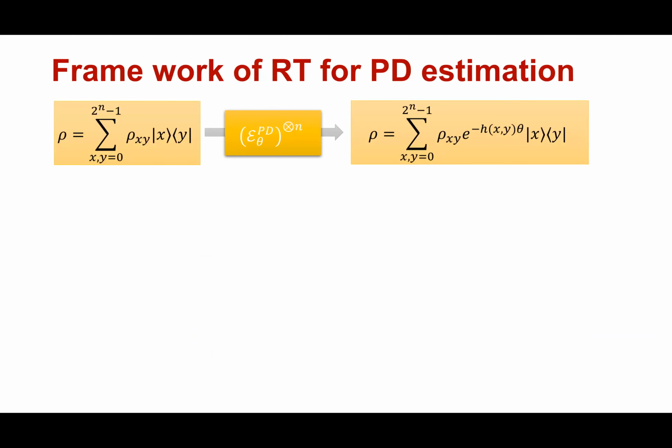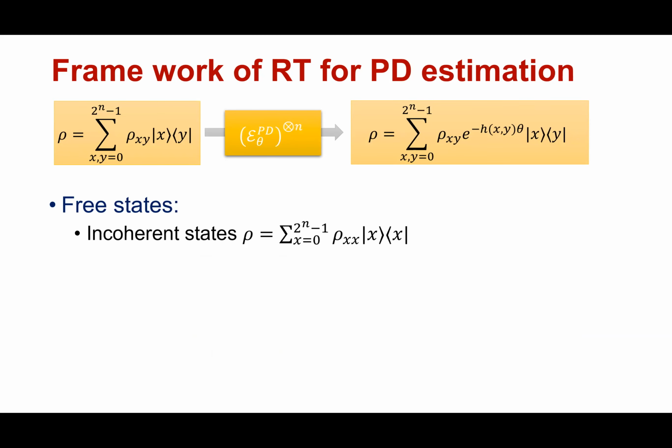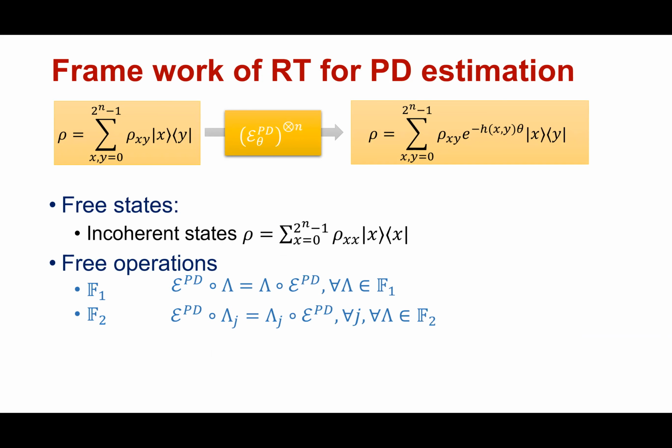Based on this, we can give our framework of resource theory for phase damping estimation. The free states, it is easy to see, are just incoherent states. And for free operations, we can define two types. The first one is that they commute with the phase damping channel.